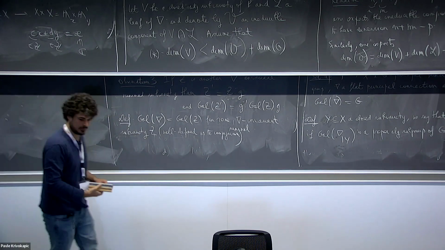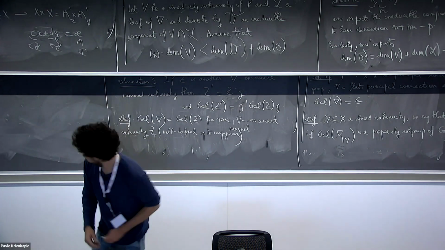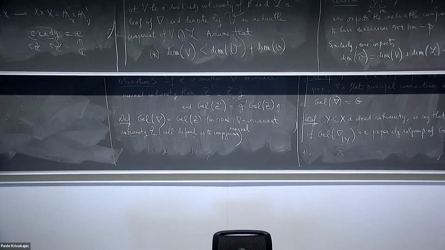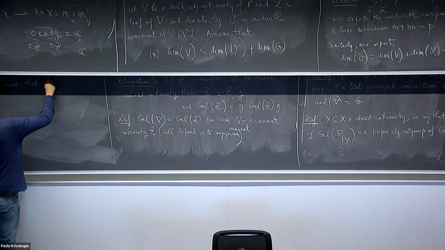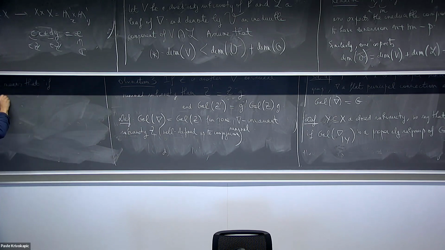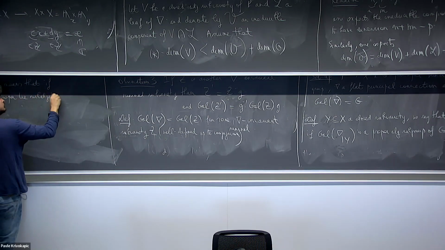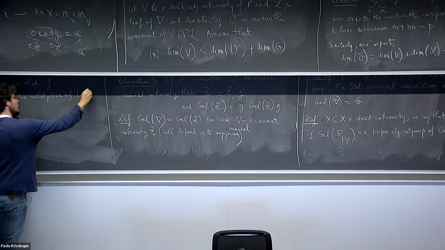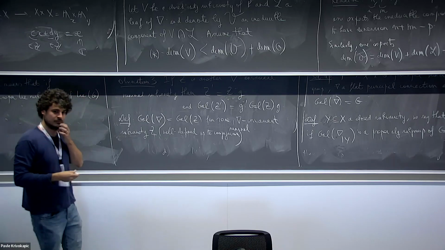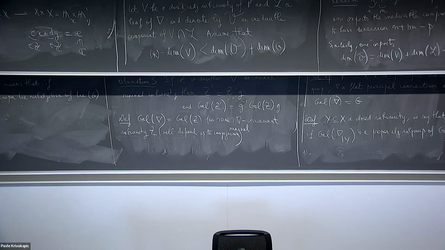So G is sparse means that if H is a proper Lie subalgebra of the Lie algebra of G, then there exists a proper subgroup.